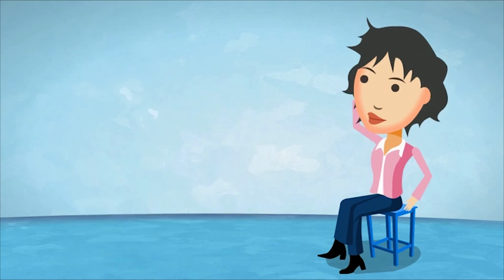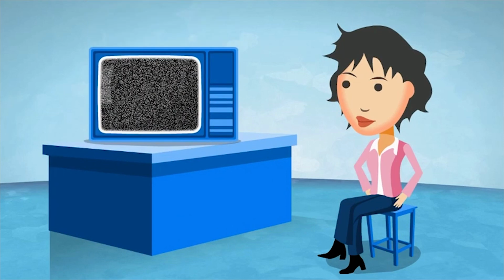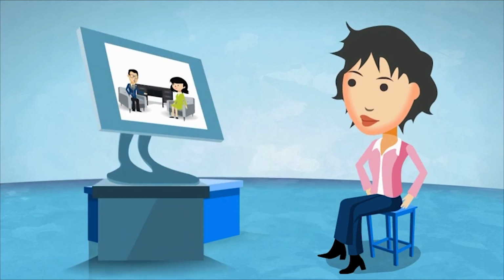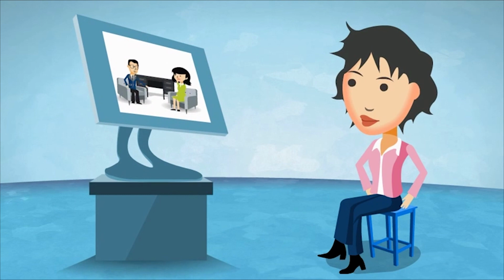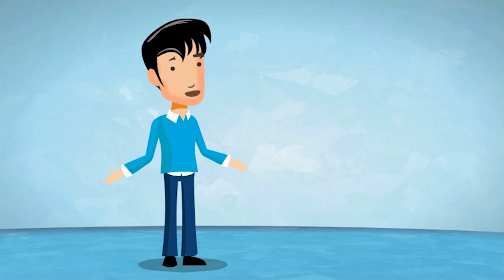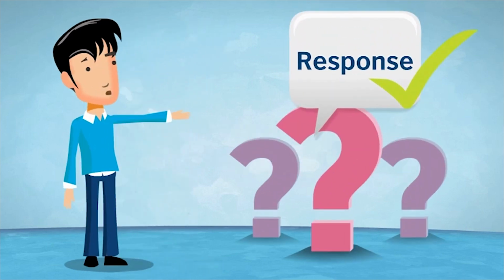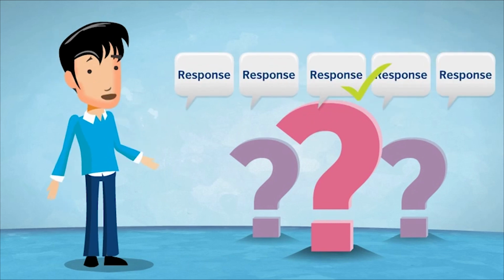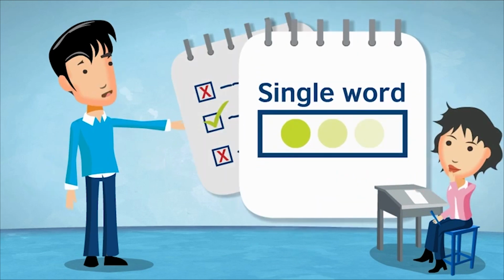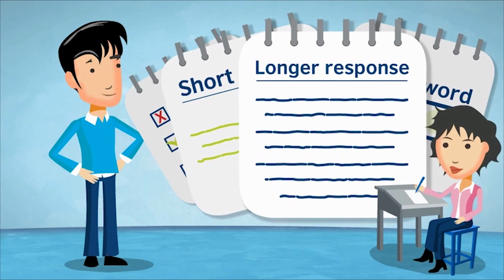Another option is to listen to a simulated live discussion or talk either on video or via a computer. Test takers might be asked to answer questions, either by choosing the best response from a number of responses, as in multiple choice tests, or in writing, either with a single word or short answer, or by writing a longer response.